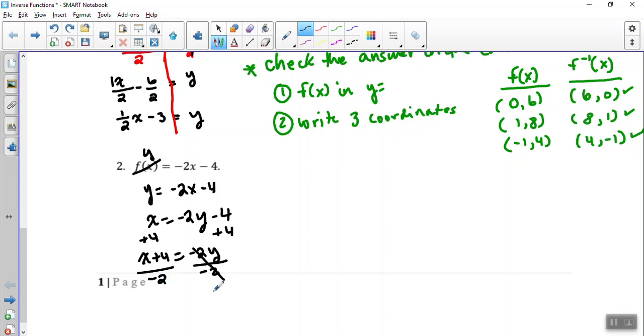And then you have y equals, remember there's a 1 here, so this is negative 1/2 x. The negative comes from here. And then you have 4 divided by negative 2 is negative 2. So my answer is my f inverse of x is equal to negative 1/2 x minus 2.